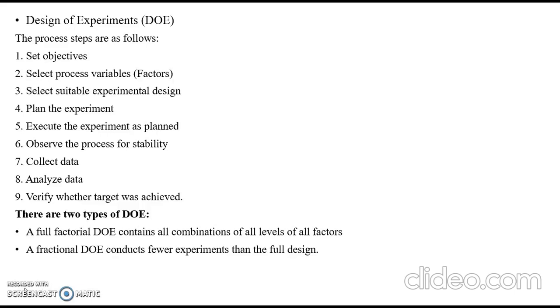Here the full factorial design is one that measures every possible combination of factors and levels to find out how the combination affects the output. No possible treatments are omitted from this design. A 2^k factorial DOE is a specific type of full factorial design.